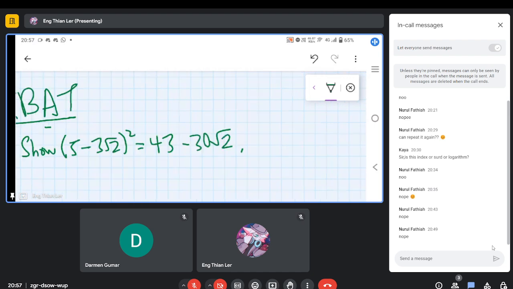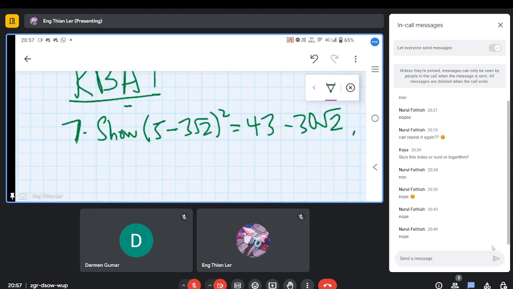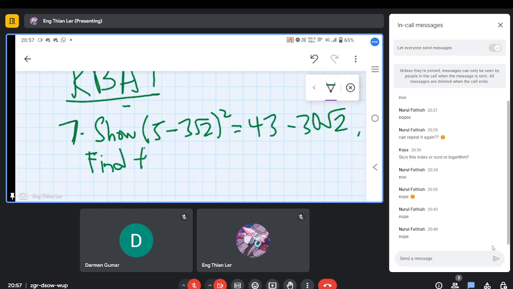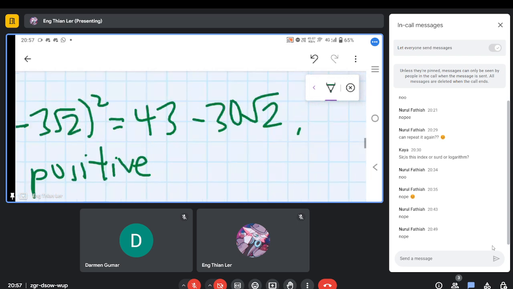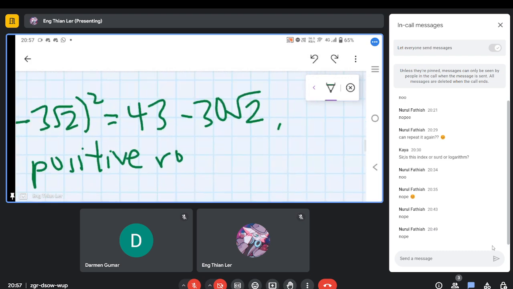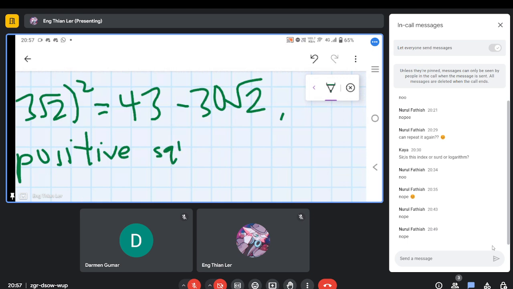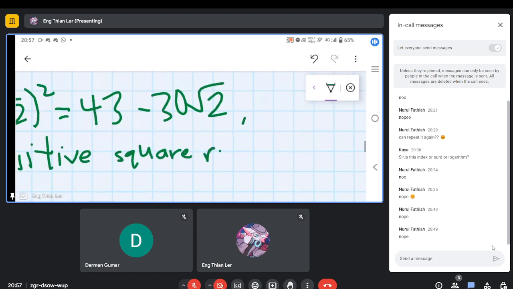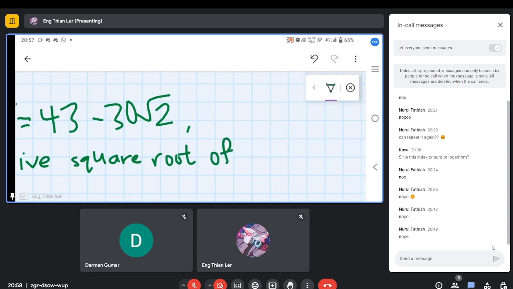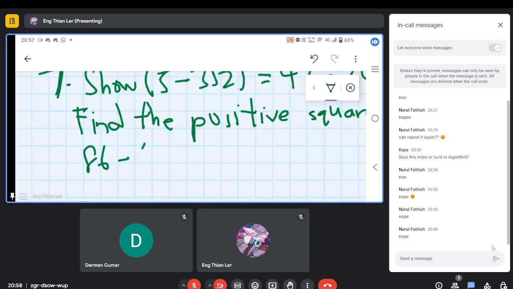And then the second sentence is probably the most complicated sentence. Find the positive square root of 86 minus 60 root 2.